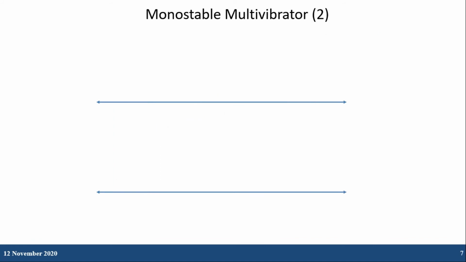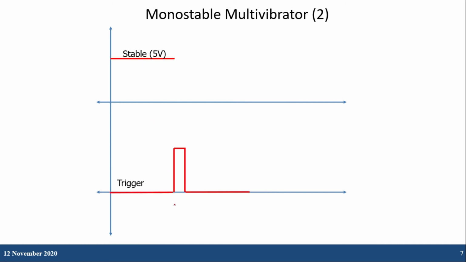Similarly, the opposite is possible. Let's say 5 volt is the stable state of this multivibrator, and whenever there is a triggering action, the output goes into the unstable state. Let's say this is equal to 0 volt here.